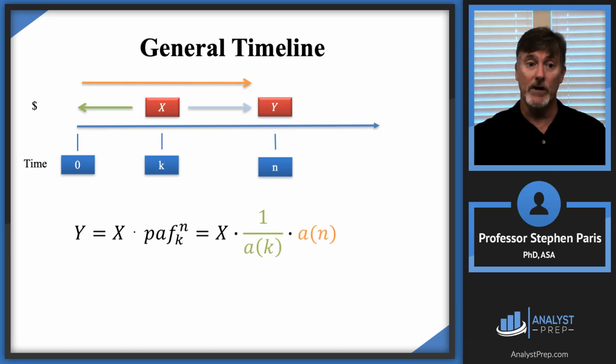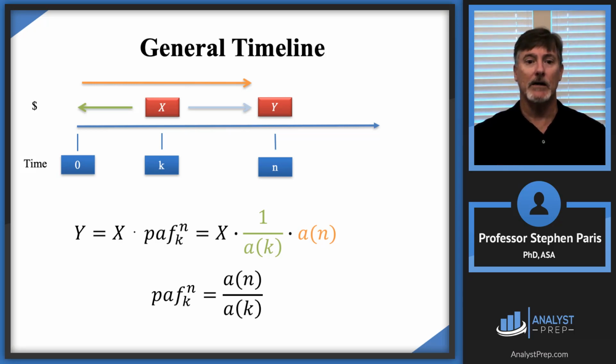The result would be I would take cap X, multiply by 1 over the a of k value in order to discount cap X from time k back to time 0, then take that result and multiply it by the a of n value to accumulate it to time n. So the periodic accumulation factor from time k to time n would be the ratio of the accumulation functions.